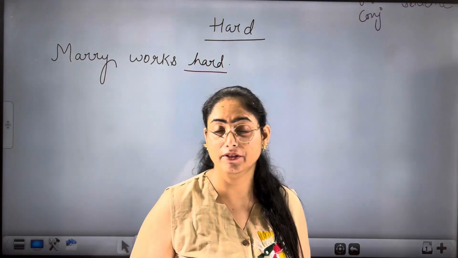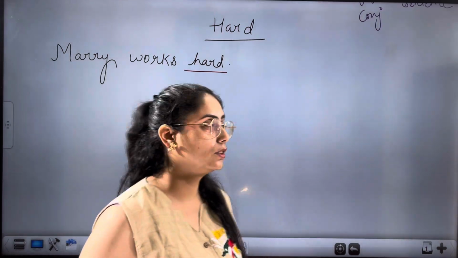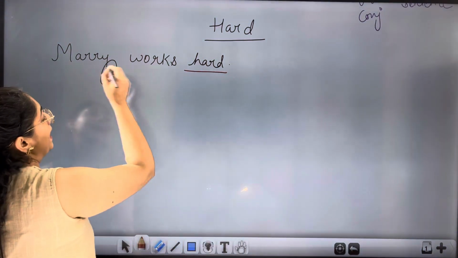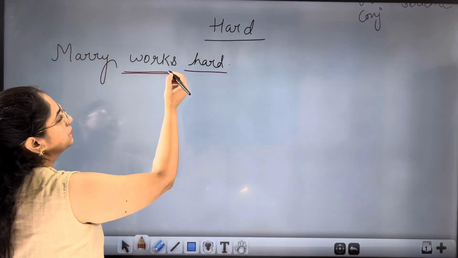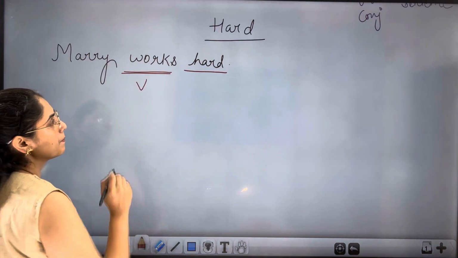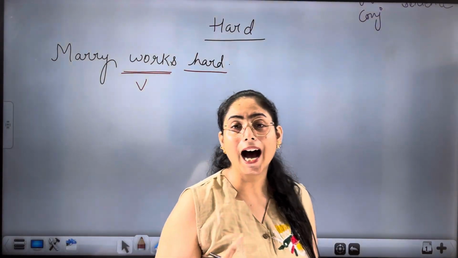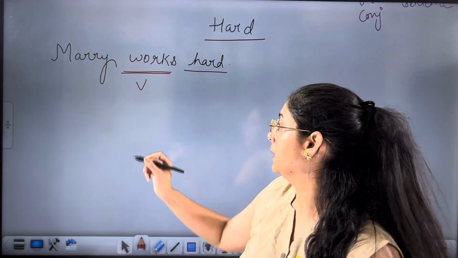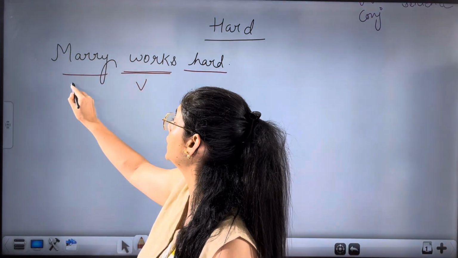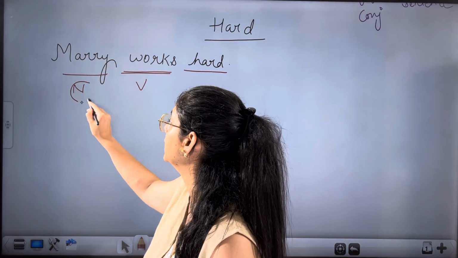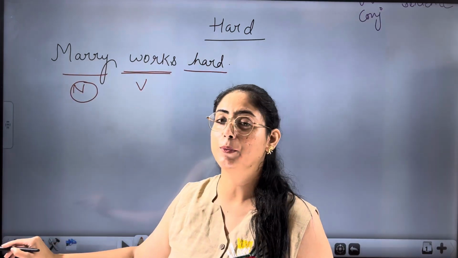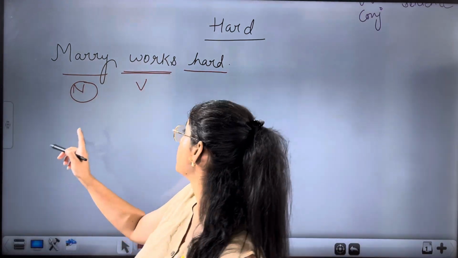Now how to find whether it is an adjective or an adverb? Let's see. Mary works hard. What is works? Everyone knows this is a verb. But here, hard is not qualifying Mary. Mary is a noun, the subject of the sentence, who is acting. The one who performs an action is the subject.